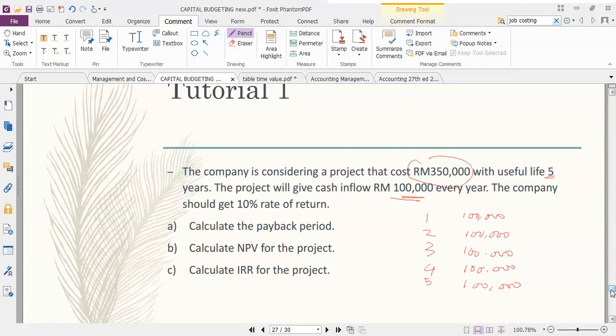Joshua. Oh, Joshua. Dah ada jawapan ke belum? Ya?